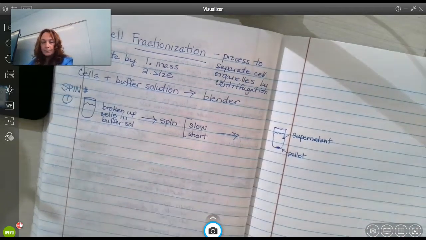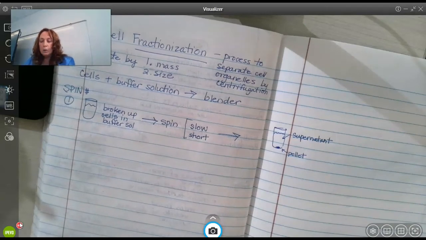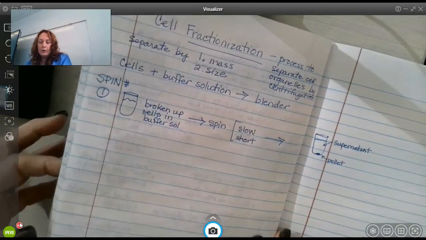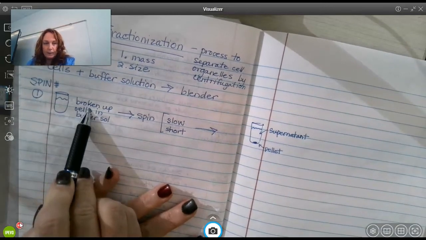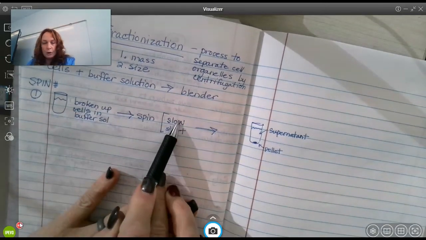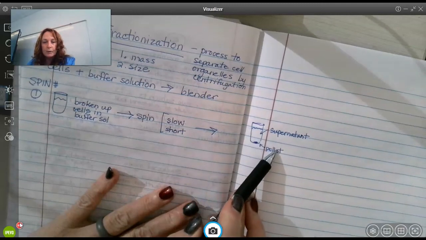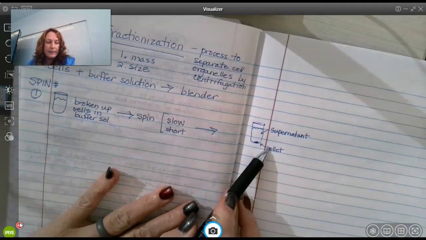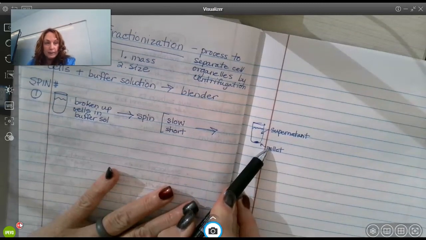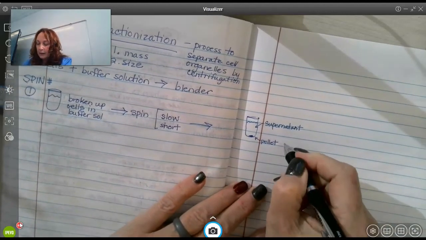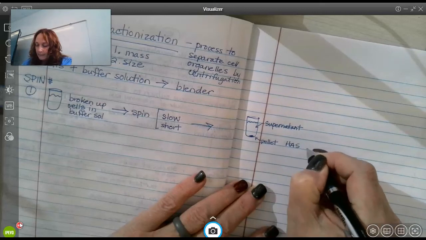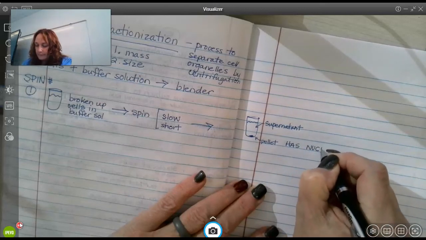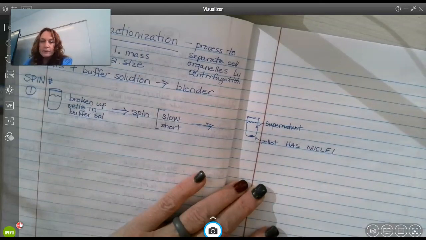So you're going to see a pattern in how this works. I did a spin. It had everything. I did the spin slow, short. What I threw down in the pellet are the big things. Think about what that would be in the cell. The pellet has the nuclei from all of those cells.